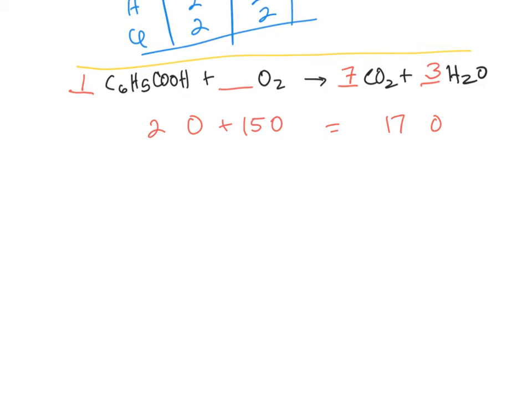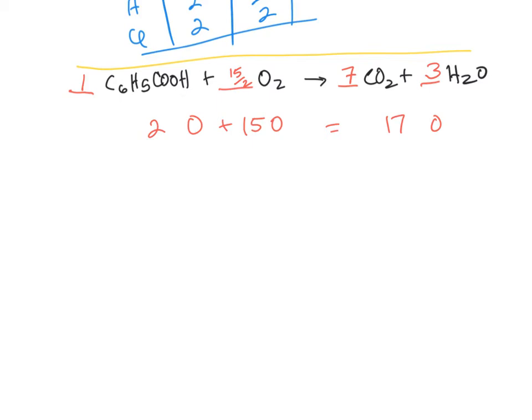So the way to do it is to write 15 halves. In other words, 7.5 oxygen pairs equals 15 oxygens total. So 15 halves times 2, because there are 2 oxygens in each molecule of oxygen, makes 15.